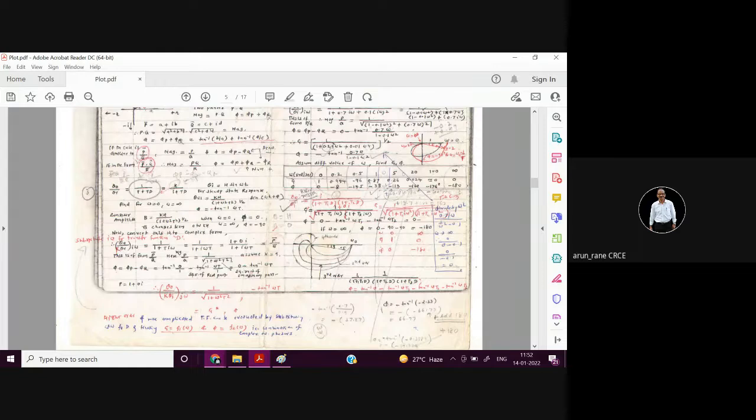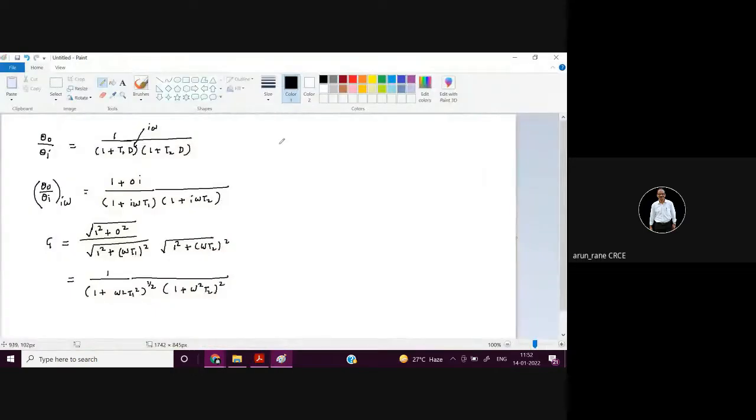Now how to find out the phase angle phi? Okay, so phase angle phi is equal to, now we will consider the numerator part first. That is tan inverse of 0 upon 1, imaginary part upon real part, minus tan inverse of omega T1 upon 1.